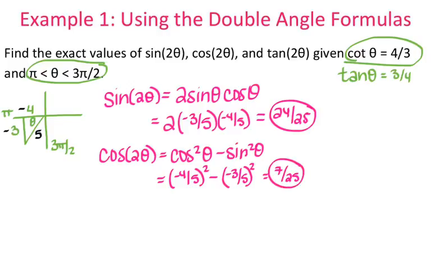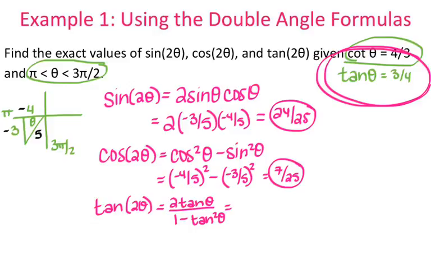And last but not least, I want to do tangent of 2 theta. So tangent of 2 theta is 2 tangent of theta over 1 minus tangent squared. So tangent is positive 3/4, which we actually had written over here.